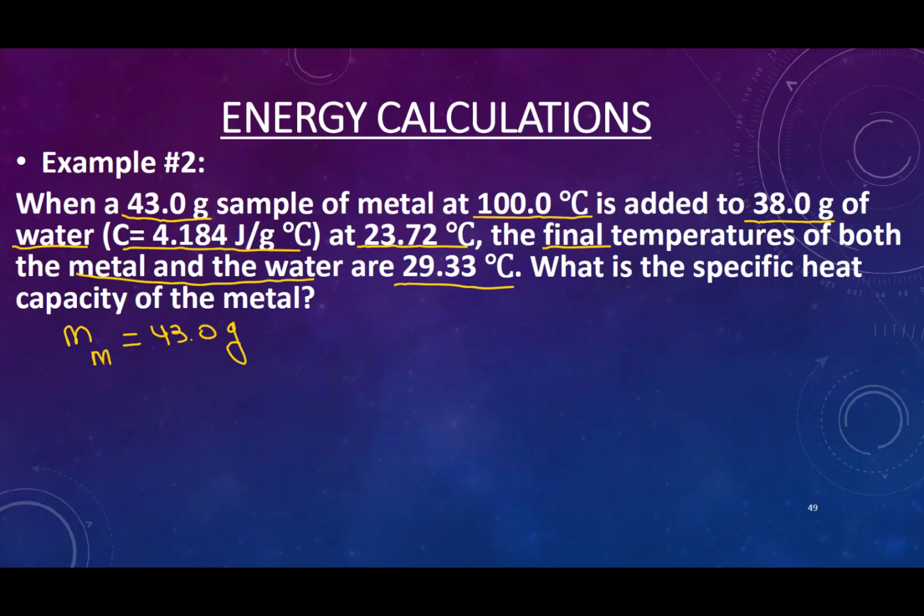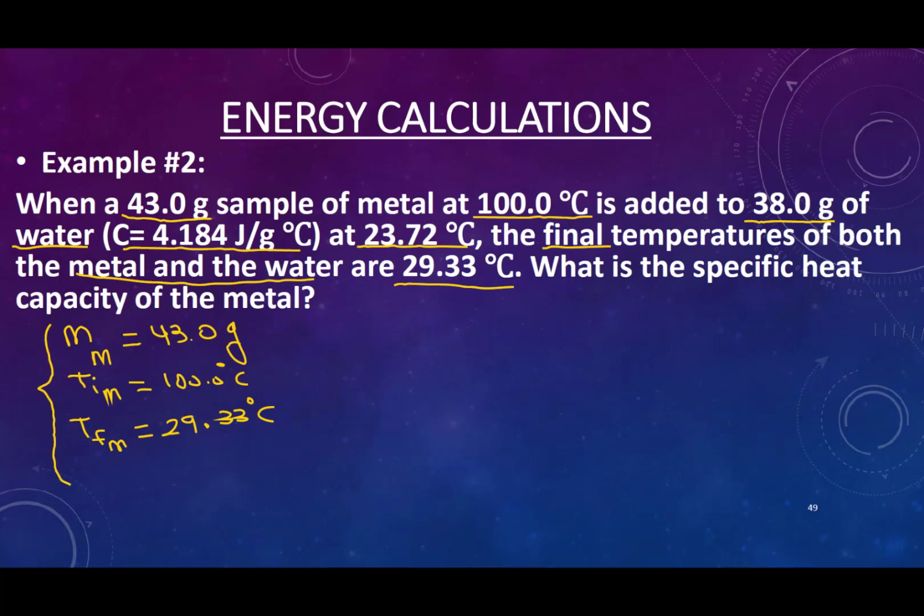We know the initial temperature of the metal, T initial of the metal, which is 100 degrees Celsius. Okay. We also know the final temperature of the metal. Remember, the initial and the final temperature of water and metal are the same, and it's equal to 29.33 degrees Celsius. These are the information that I know for metal.